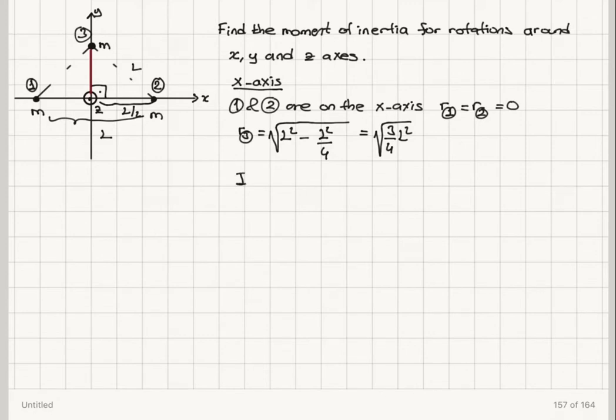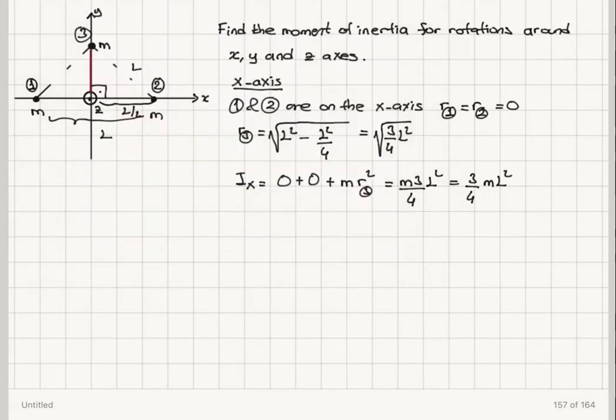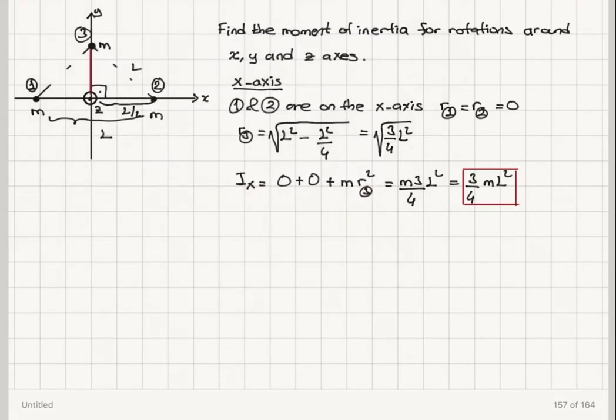So the moment of inertia for rotations around x-axis will have 3 contributions. From particle 1 I have 0, from particle 2 I have 0, from particle 3 I have m r3 squared, which is m 3 over 4 L squared, or in other words 3 over 4 ml squared is going to be my answer for this case, because there are no contributions from particle 1 and particle 2.